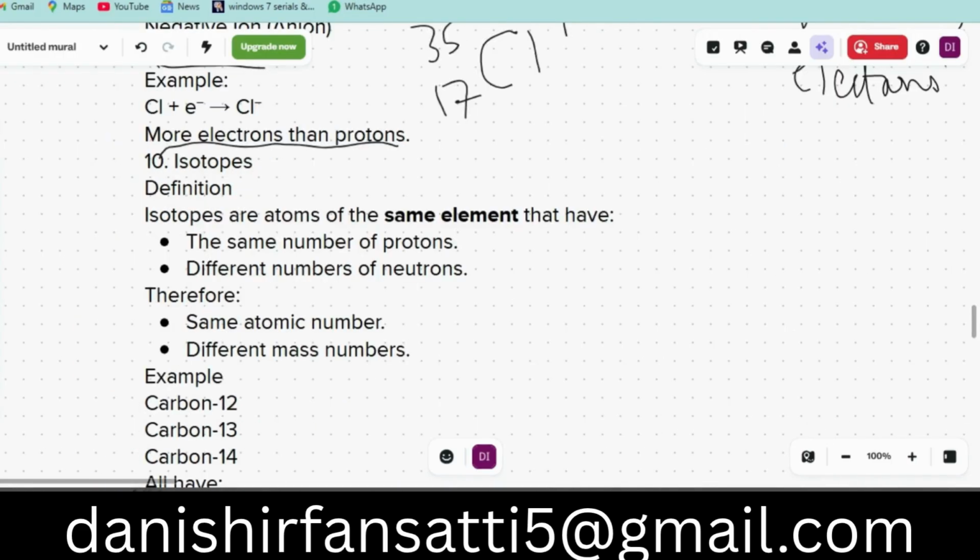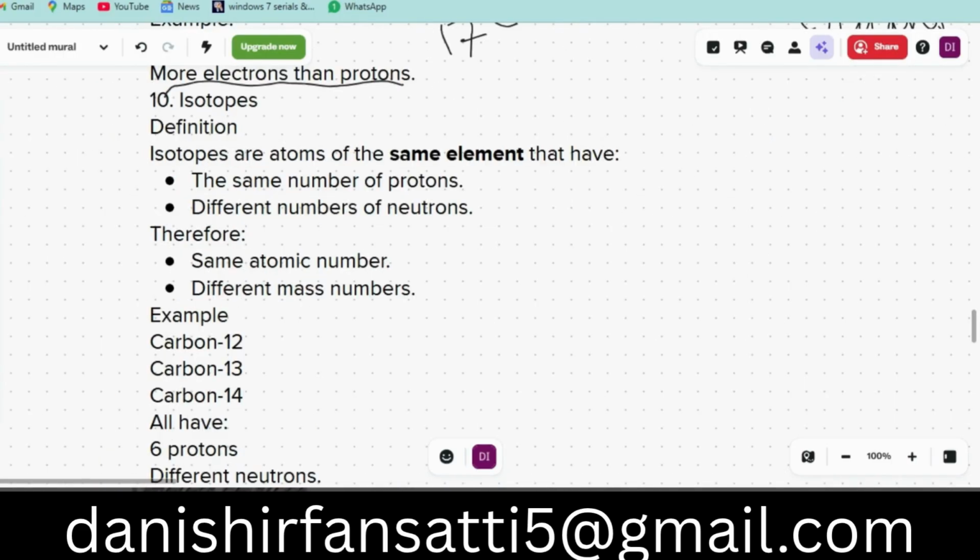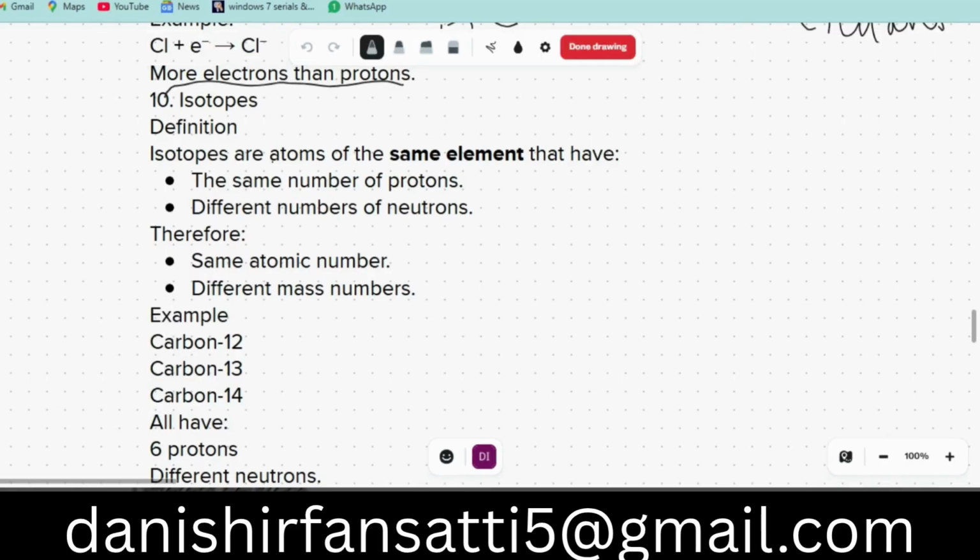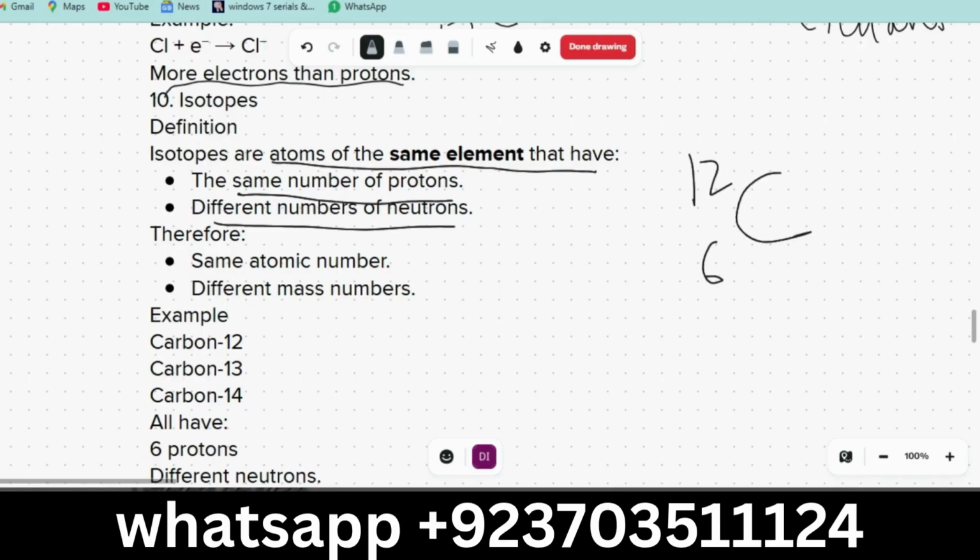Now, what is an isotope? Simple definition: isotopes are atoms of the same element that have the same number of protons but different numbers of neutrons. For example, carbon 12. We know the proton number cannot change. If the proton number changes, that means the element changes. The second example of that isotope is carbon 14.